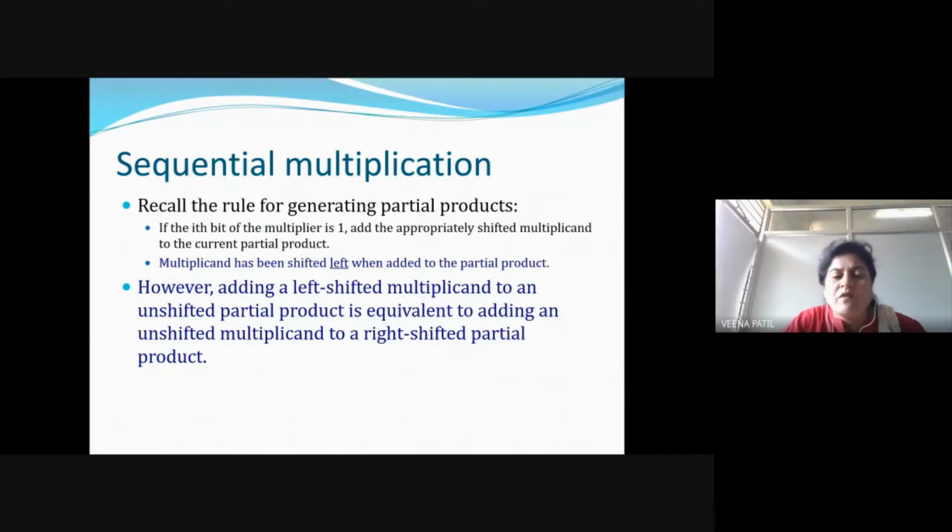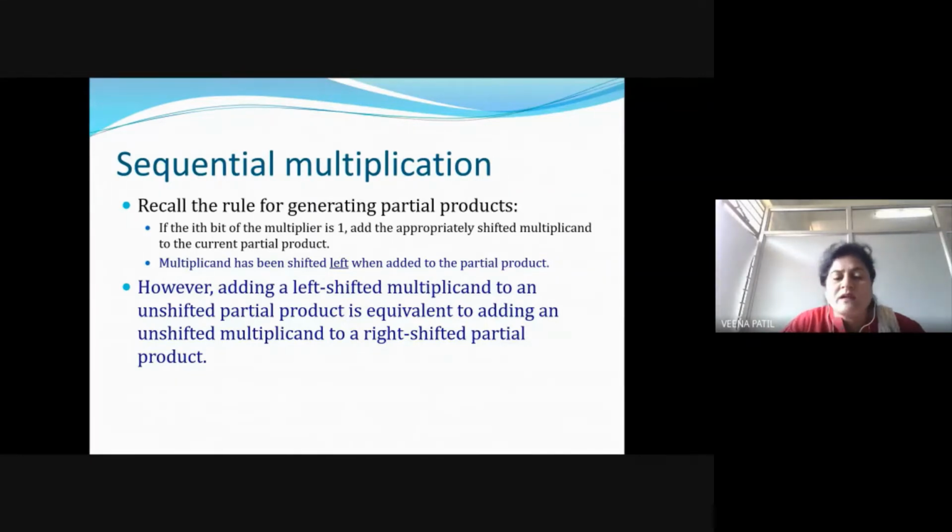Now after performing the multiplication, the multiplicand has to be shifted towards left so that I can get the next bit. Okay. Now, however, adding the left shifted multiplicand to an unshifted partial product is equivalent to adding an unshifted multiplicand to a right shifted partial product.